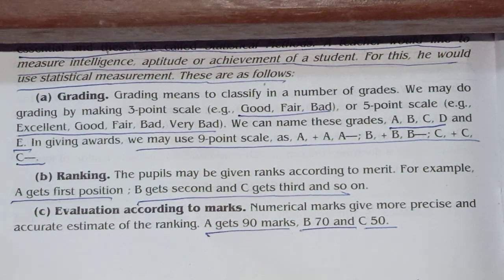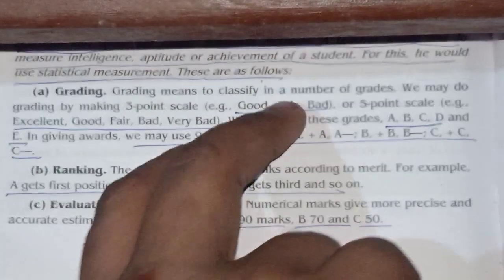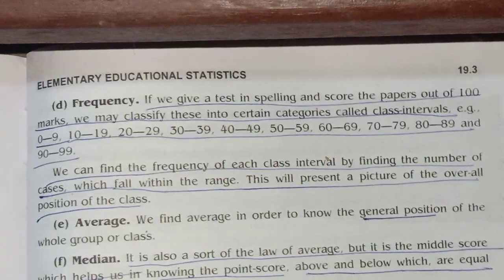In this method, a teacher can clearly know the capacity of a student, whether the student is intelligent or dull. First is grading, second is ranking, third is evaluation according to marks, how many marks he or she has scored.